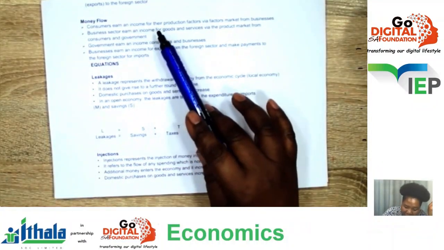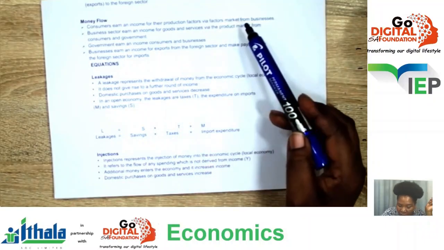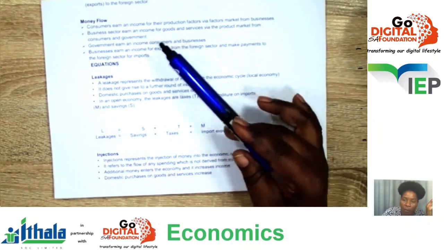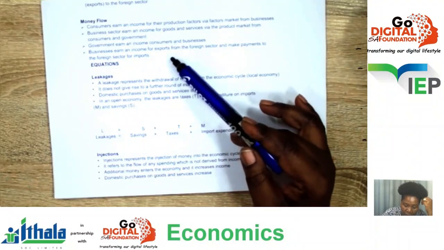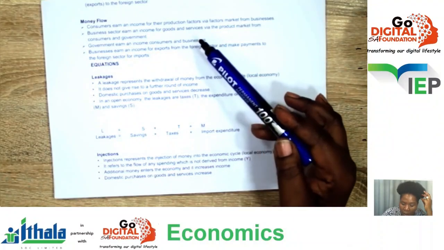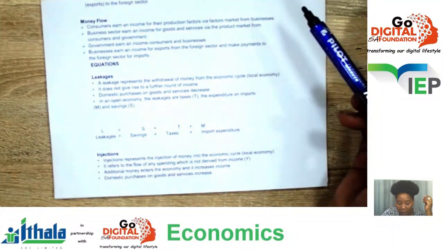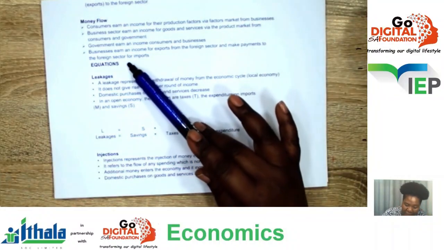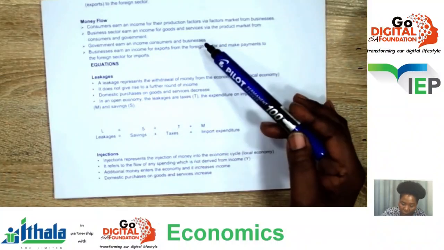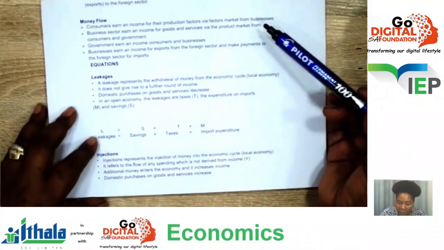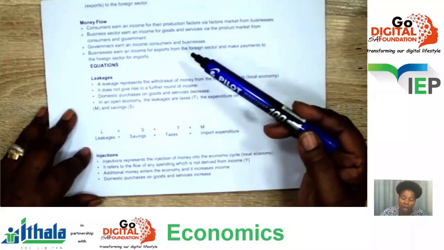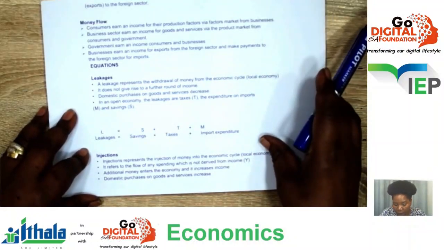Business sector earn an income for goods and services via the product market from consumers and the government. Government earn an income from consumers and businesses in the form of taxes. Businesses earn an income for export from foreign sector and make payments to the foreign sector for their imports.